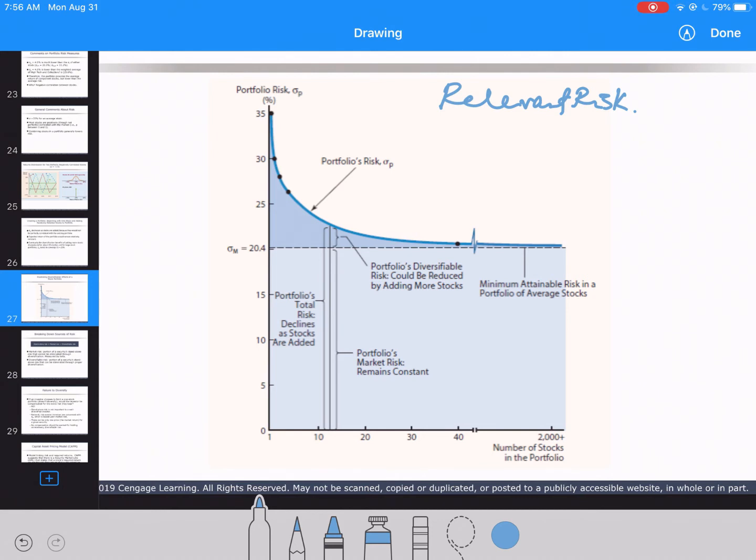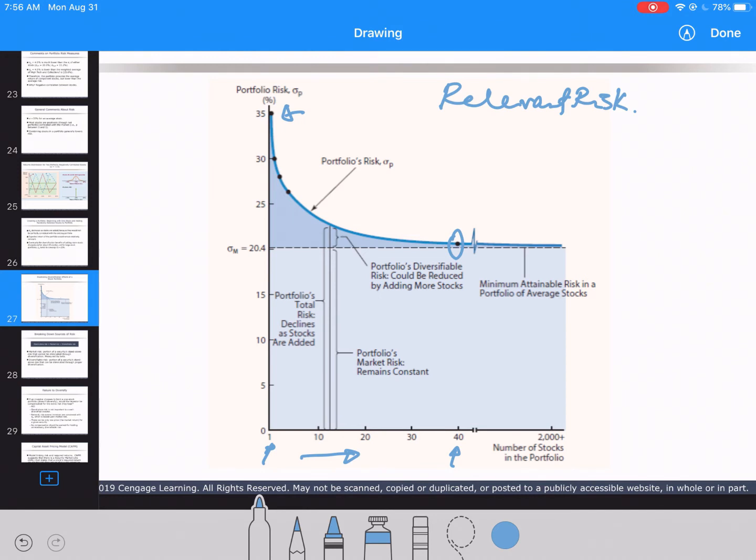So let's say I take one stock here, and I know that the risk is 35%. As I add more and more stocks this way, you see my risk is reducing. And at this point, which is generally 40 securities, the risk is almost close to zero.